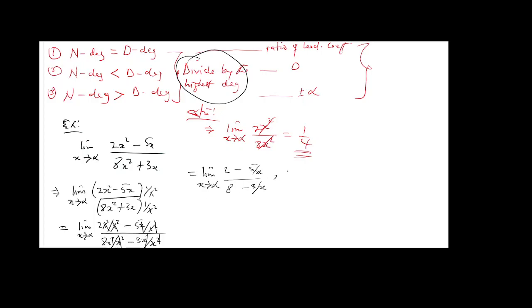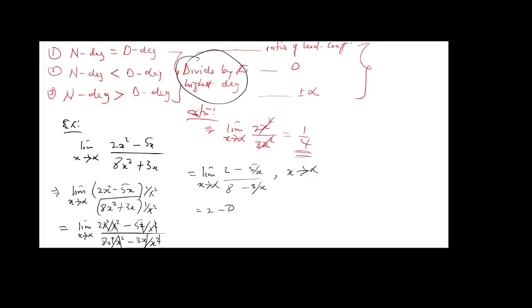Now let's do a direct substitution. As x approaches infinity, we are going to have 2 minus 5 all over infinity, which gives us 0, because any constant divided by a very large number, let's take, for instance, 5 divided by 1000, is going to give you 0.005.